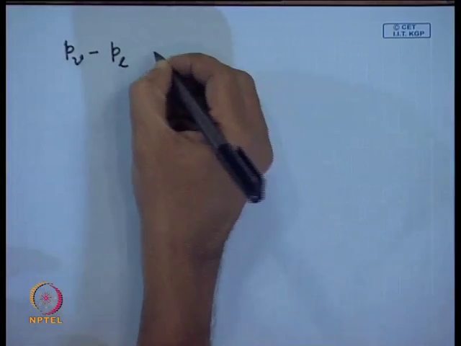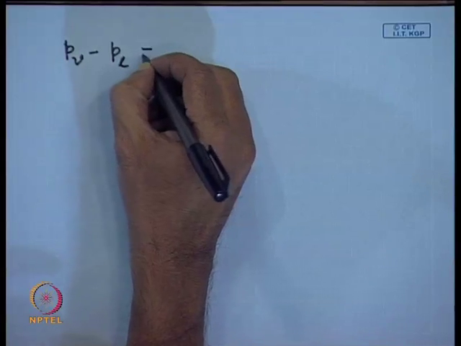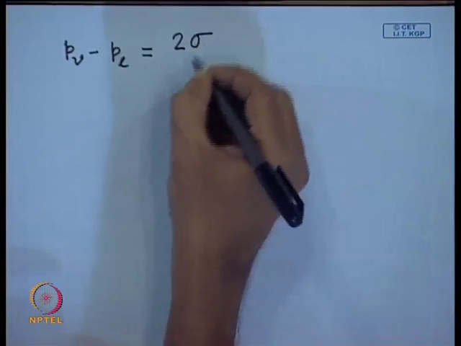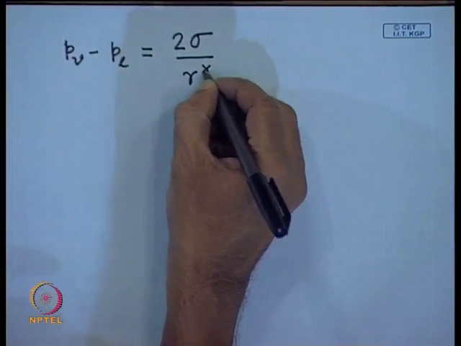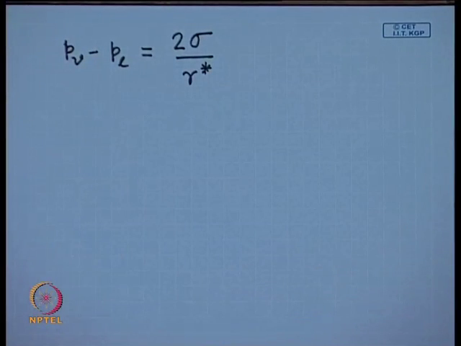For a spherical vapor bubble or vapor embryo, it will be P v minus P L, the subscripts have their usual meaning, equal to 2 sigma by r star. This is our classical Young-Laplace equation. P v is the pressure in the vapor phase, P L is the pressure in the liquid phase, sigma is the surface tension, and r star is the radius of the vapor embryo.